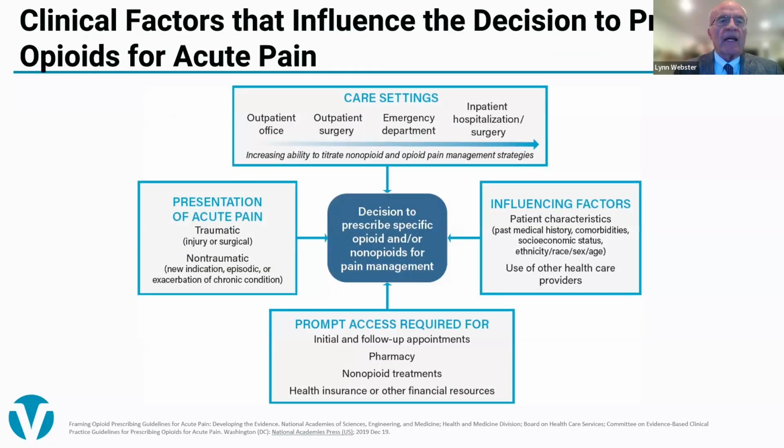We look at the clinical factors here, and I think there are 4 major considerations. One is, where is the care being provided? And is it a traumatic event or is it a planned surgical event? What are some of the influencing factors and the risk factors that I've just described?